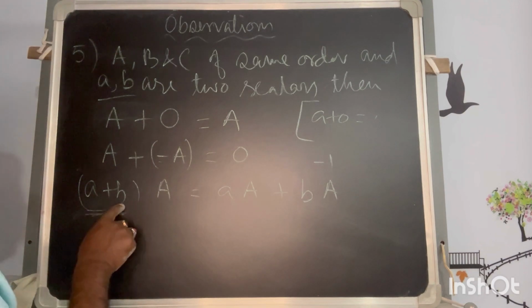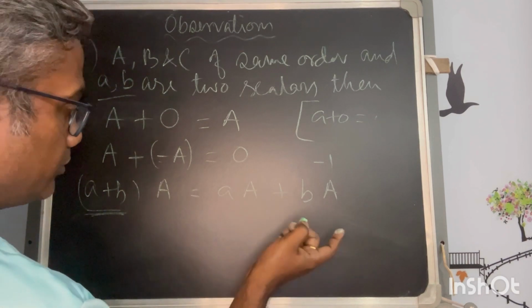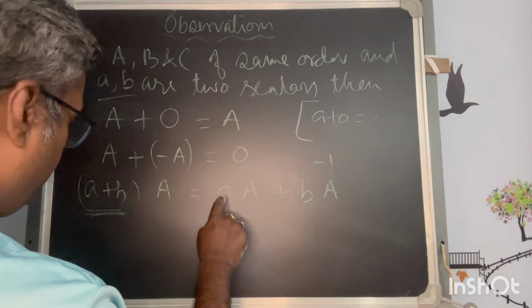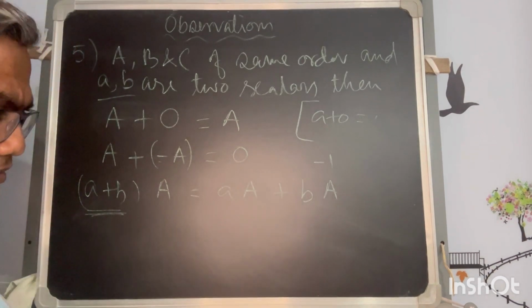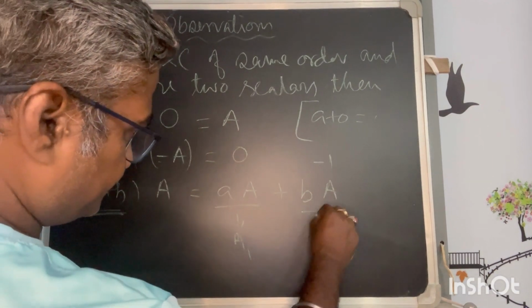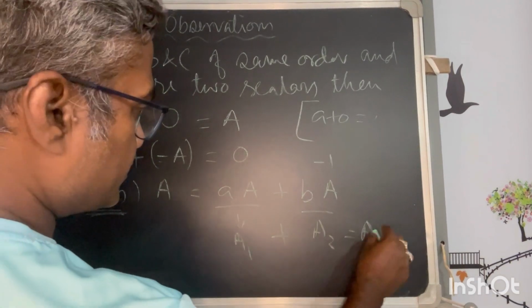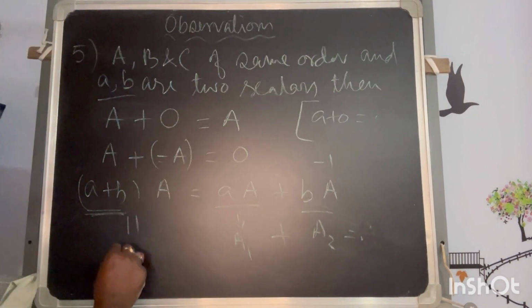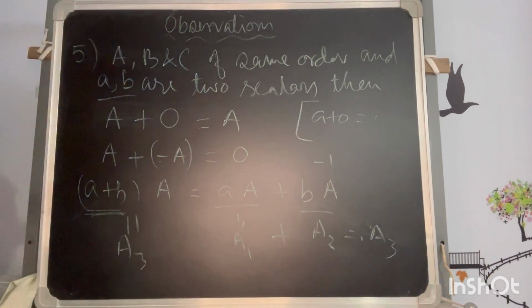So if we add these scalars then multiply with the matrix, it will give you the same result. If you do individual multiplication of the scalars with the matrix, then add the matrices, because this will turn into some other matrix, let's say a1 then 2, now if we add this, you will get the same matrix which we will find here as, let's say, a3. So this will give you the same matrix, so the value will be the same. What next here?